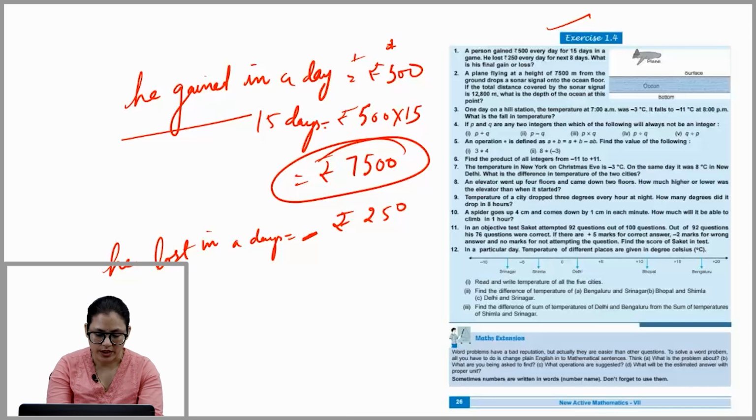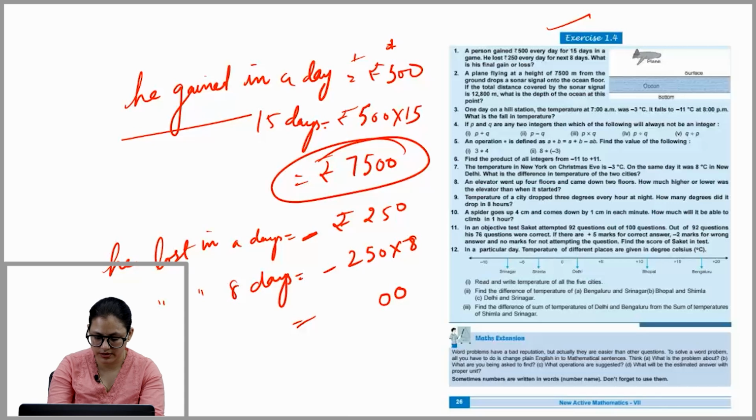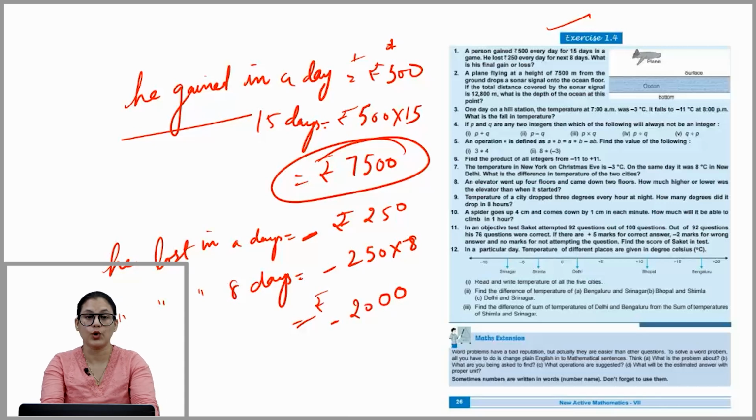So he lost in 8 days, you will multiply minus 250 by 8. So what will you get? 8 5s are 40, 4 carry, minus 2,000 rupees he lost.